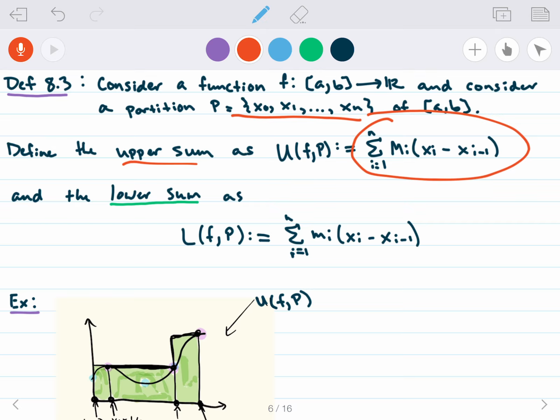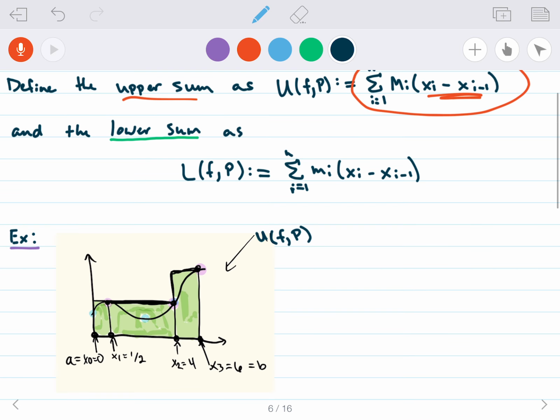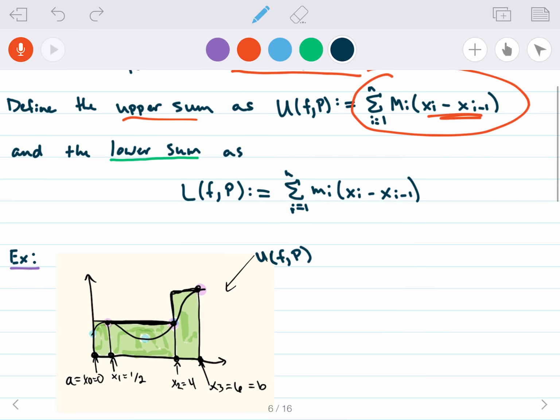The differences between the xi's are going to be the widths of the rectangles, right? Here's my picture. The xi minus xi minus 1 is going to be this width right here, and the capital Mi is going to be the sup on that interval, so that's this guy. So I'm literally just multiplying base times height, okay?